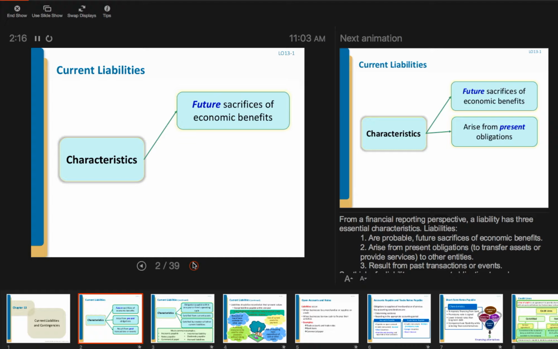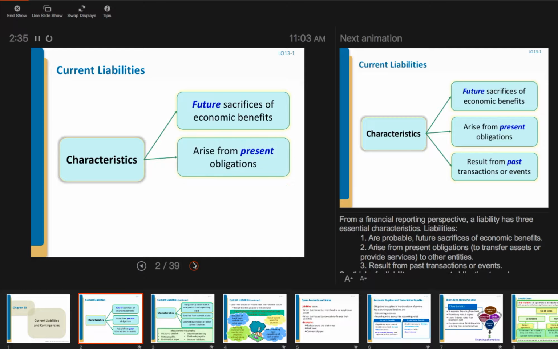So if you have assets that you're likely to turn into cash within a year, that would be current. And if you have liabilities, something that you owe to someone else, that you're going to have to pay within the next coming year, then that is what distinguishes a current liability.